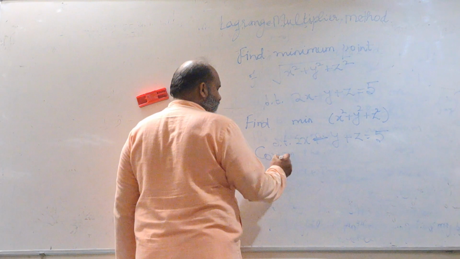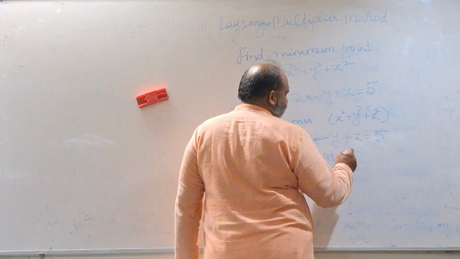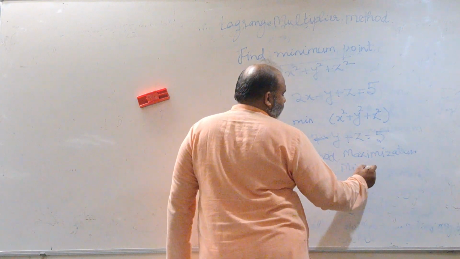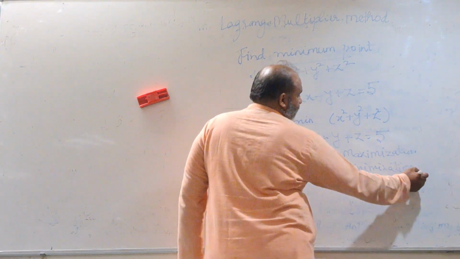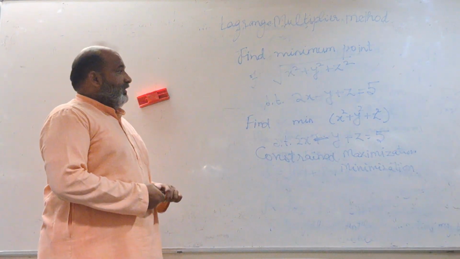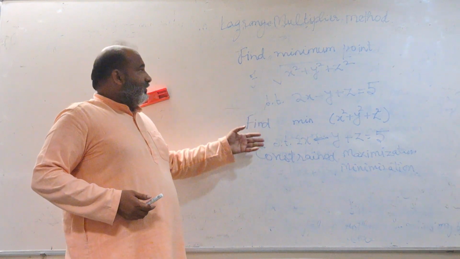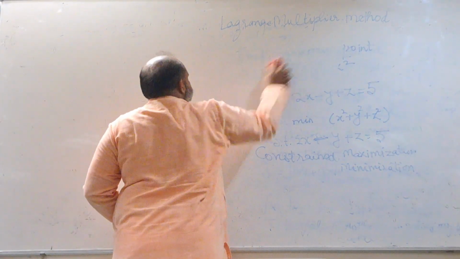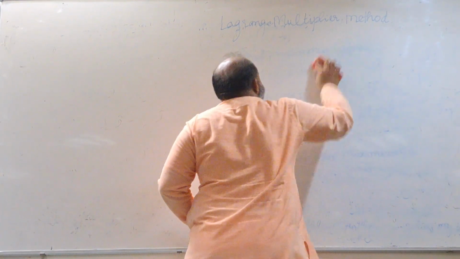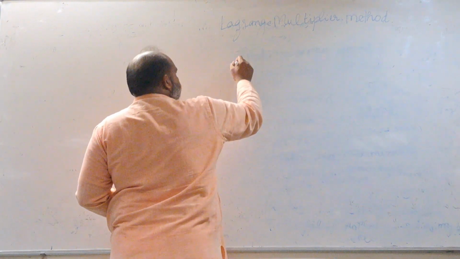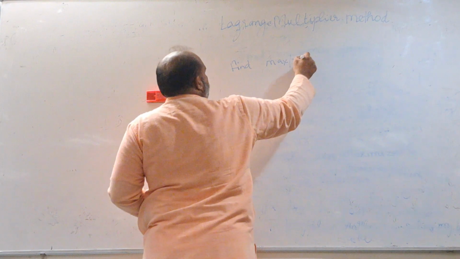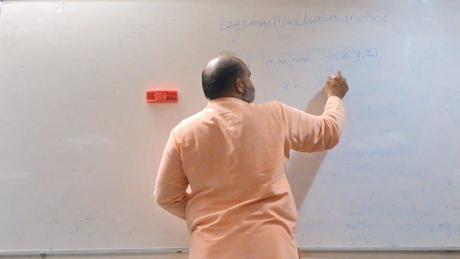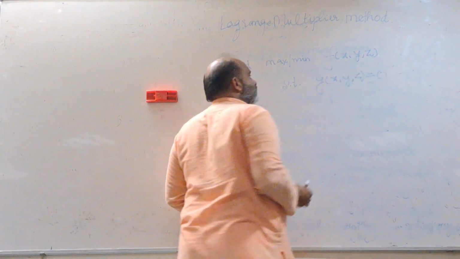Is it fine? Now I can write this in a general statement, how? Find the maximum or minimum of function f(x, y, z) subject to the condition g(x, y, z) is equal to 0.